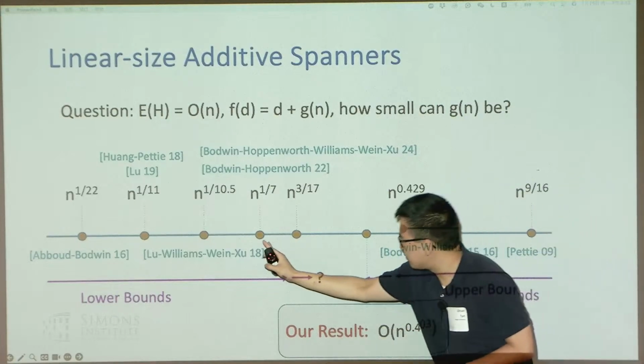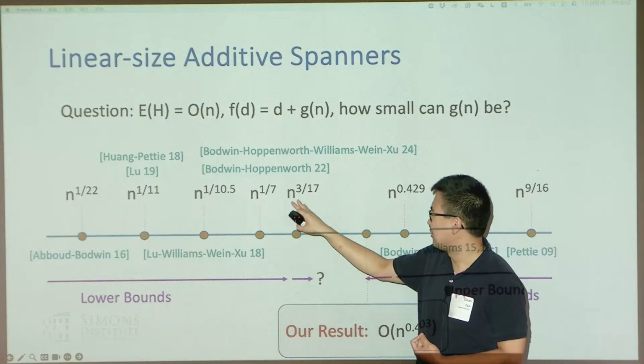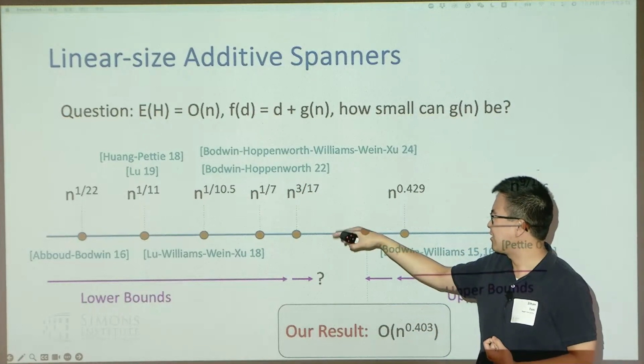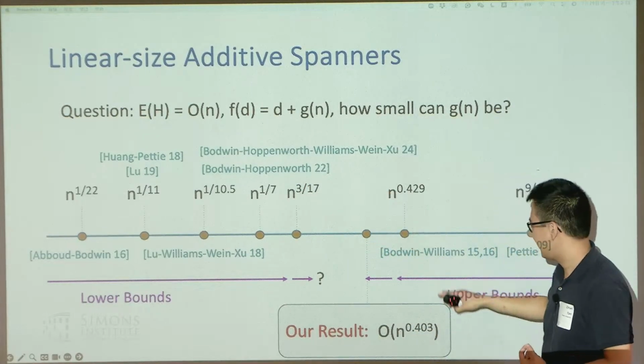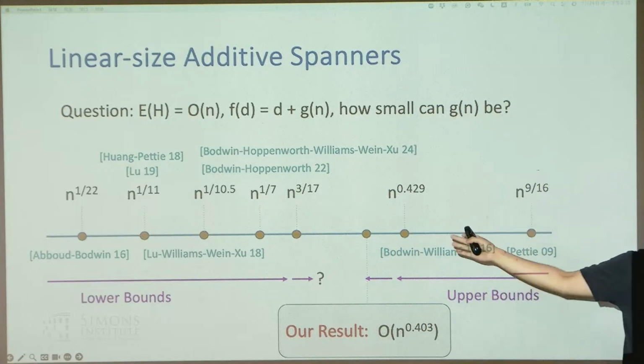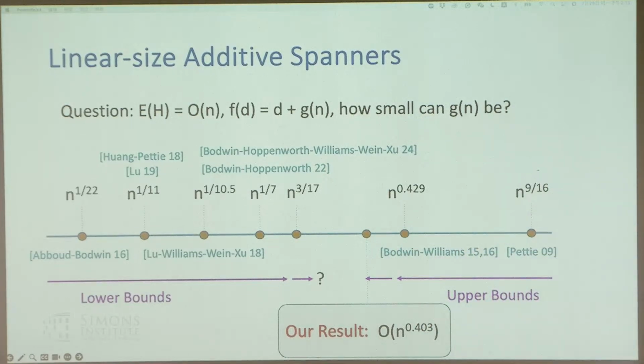They slightly improved the lower bound again to n to the 3 over 17. So it's still 0.1 something, and this is still 0.4 something. Closing this gap will be very interesting. This is just another interesting regime that I want to mention. Still, we'll be talking only about the sublinear additive spanner.